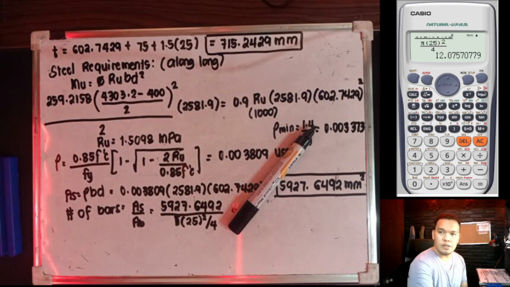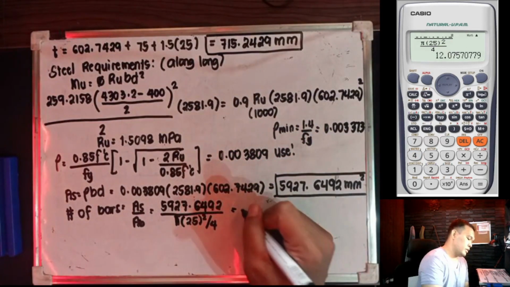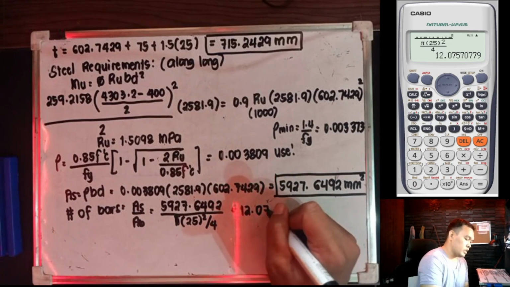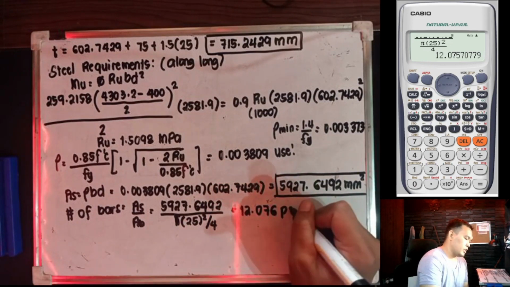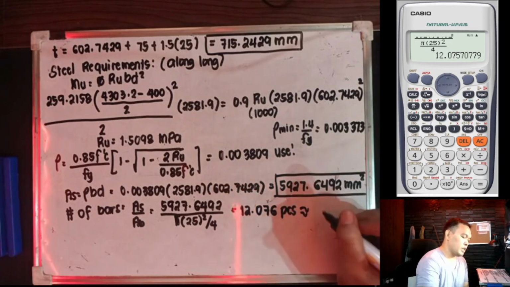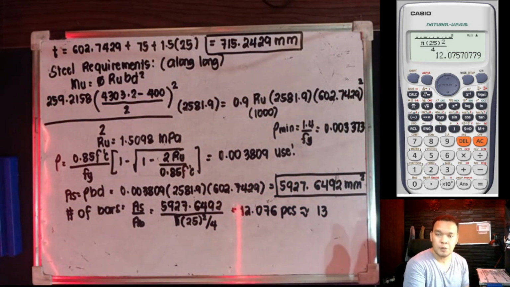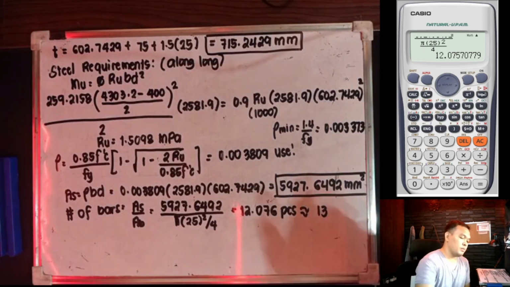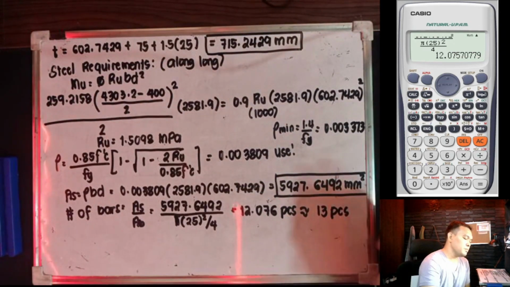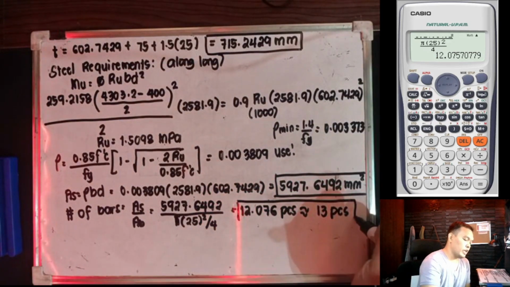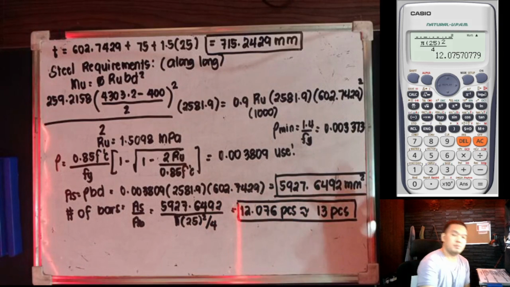We have here 12.076 pieces, so we round it up to 13, because it is 12.1. If it were 12.04, we would round down.